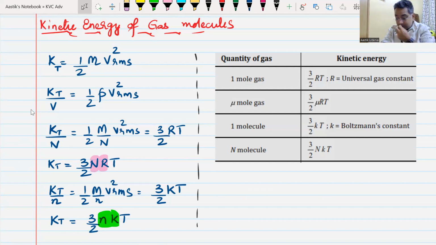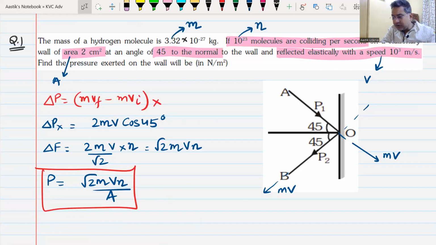Yes, sir. We had also seen this question where we found out the pressure exerted by a number of gas molecules. We found out the change in momentum of one molecule and we multiplied it by the number of molecules that were striking.